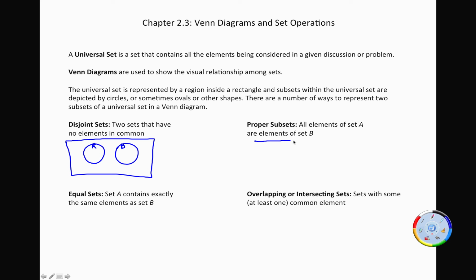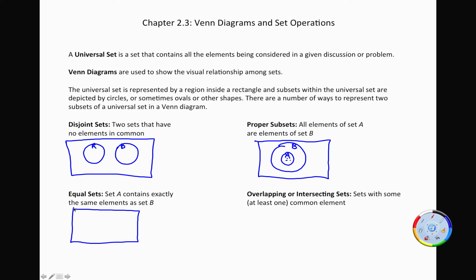Proper subsets can be displayed in a Venn diagram like this. Because remember what it means to be a proper subset: every element in A is also in B. So here's a representation of my two sets, but notice that every element that's in A is also encompassed in B. Equal sets would be drawn by two obviously equal circles.